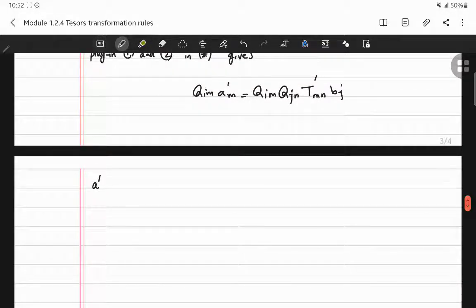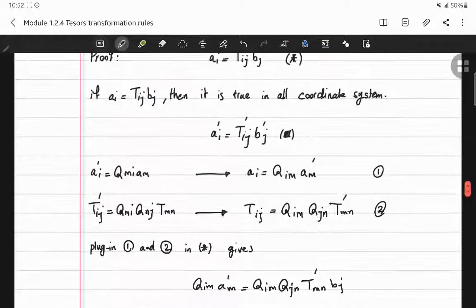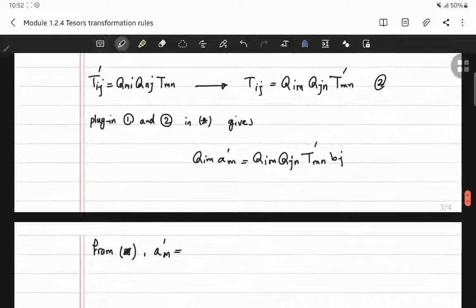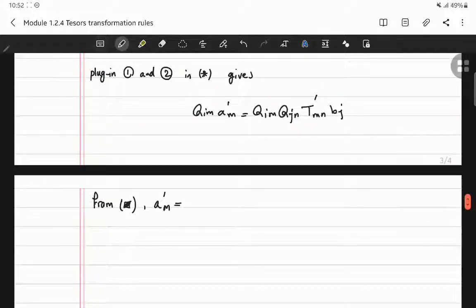So from black square, A prime m is equal to T prime mn B prime n, and I call this 3.